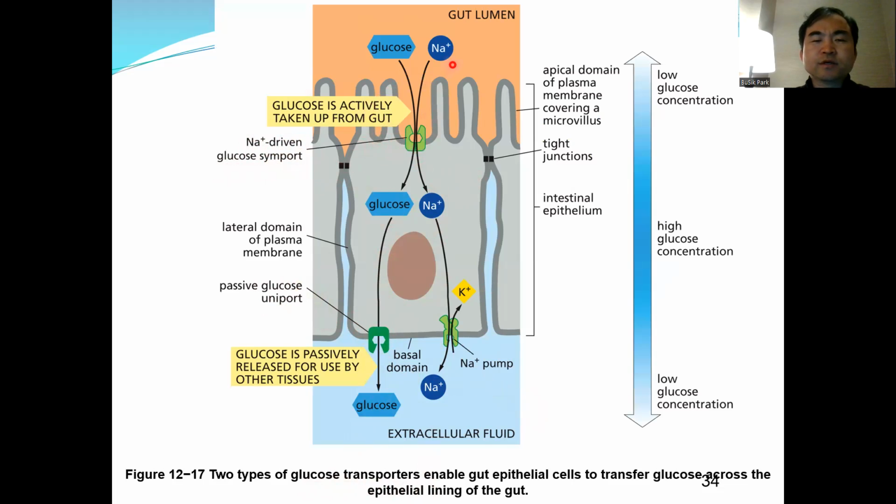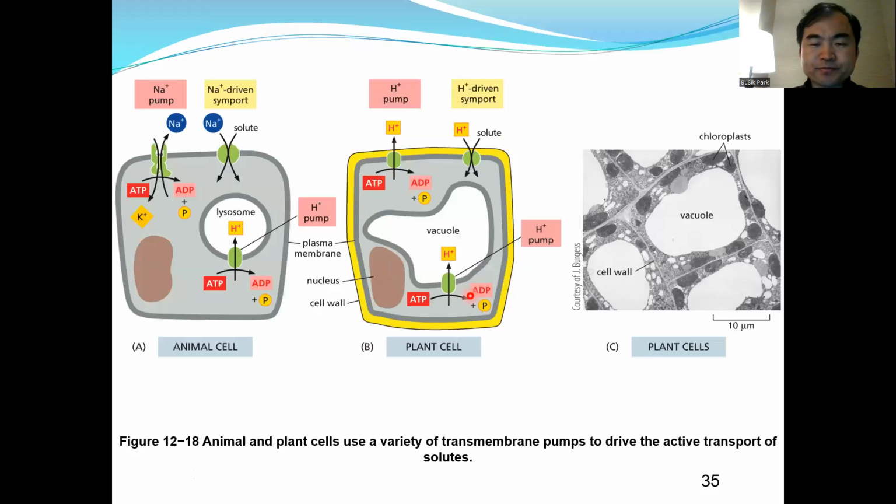In the symport, sodium and glucose bind and move through together. However, in this passive glucose uniport, only glucose molecules can move through. So those are two kinds of glucose transporters.